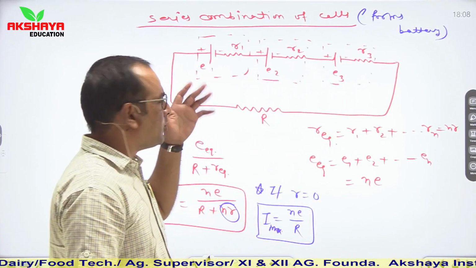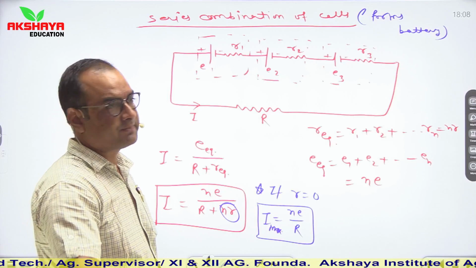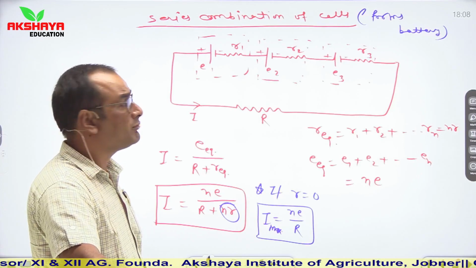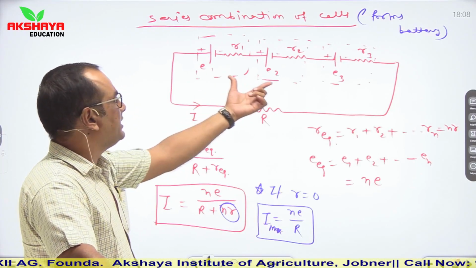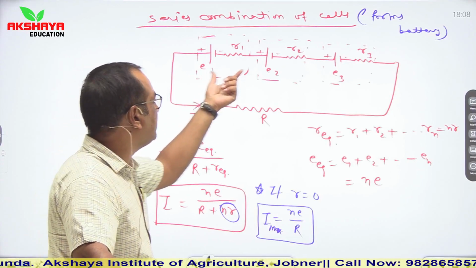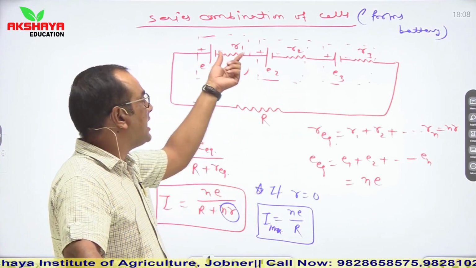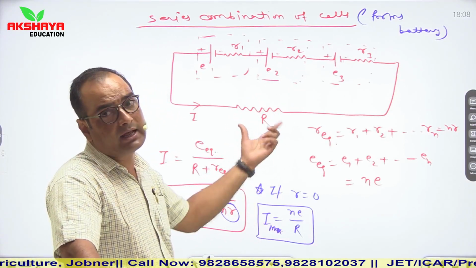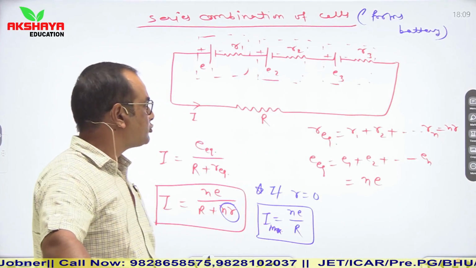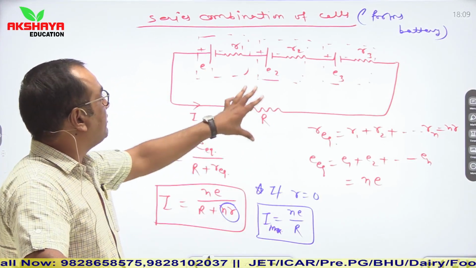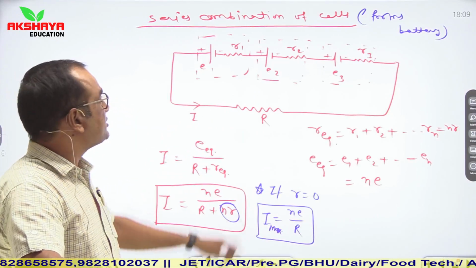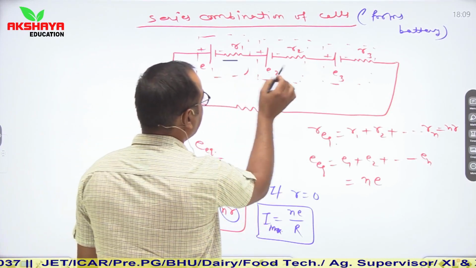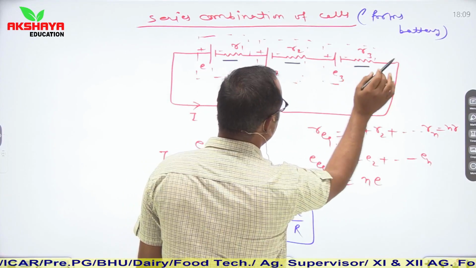Now, combination of cells. If we combine different given cells into series combination, then let us see what happens. I am considering here 3 cells of EMF E1, E2, E3 and internal resistance r1, r2, r3 connected in series with a load resistance capital R. Whenever you are given a question based on series combination of cells, then simply you have to keep in mind that these resistors r1, r2 and r3 are also connected in series.